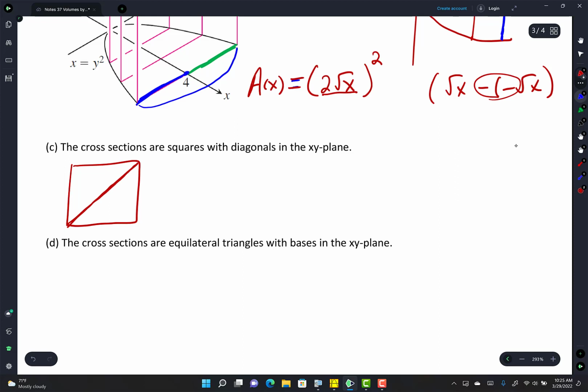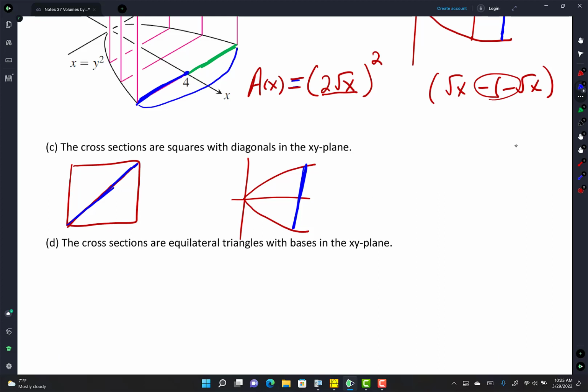That diagonal is, let me color code it, blue. So what am I trying to tell you about that diagonal? That diagonal is this, guys. That diagonal is this one. Does that make sense? Oh, yeah, so they're triangles. They're triangles coming out.